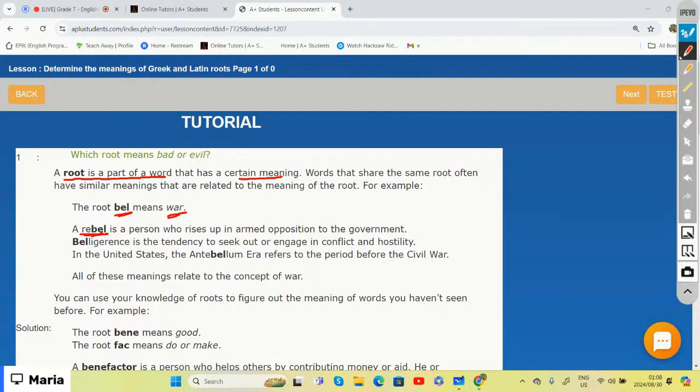Another meaning for rebel is someone who resists authority and control, who just doesn't want to be told. That is a rebel, someone resistant to something.